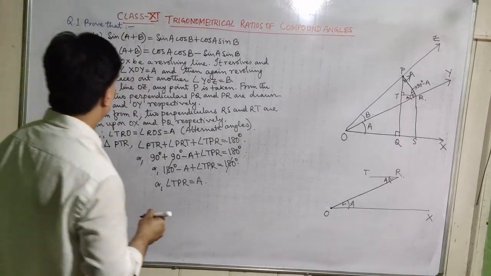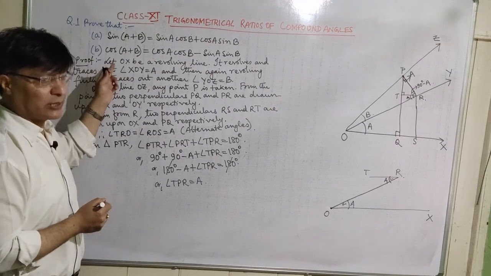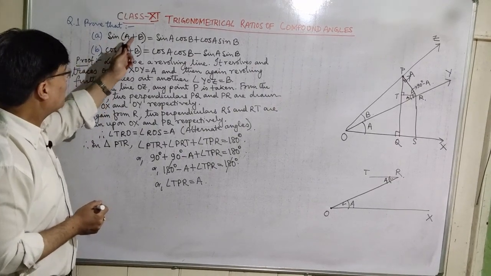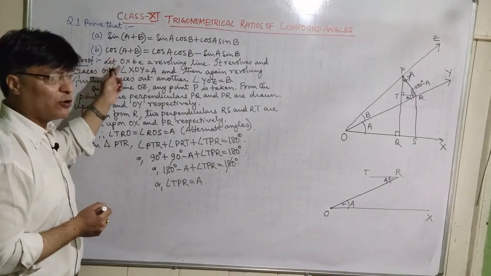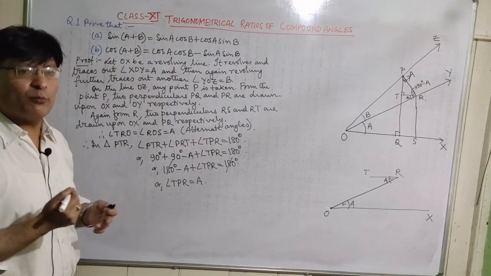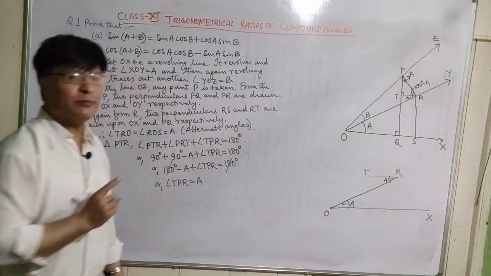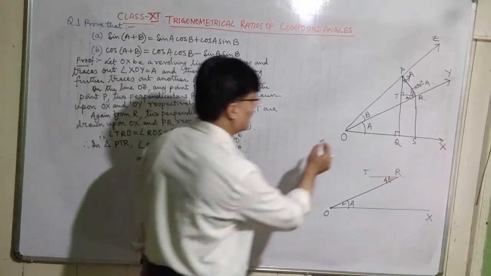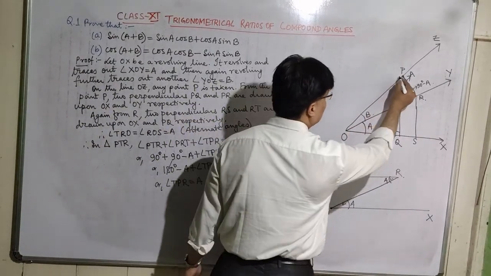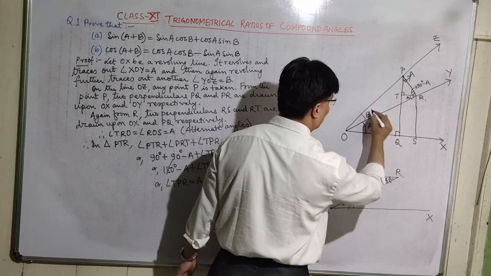So now we have to prove these two results, that is sine of A plus B, and you have to prove cos of A plus B. Their formulae should be proved. Okay. So in order to prove this formula, let us take the angle A plus B, and you have to consider this right angle triangle POQ.